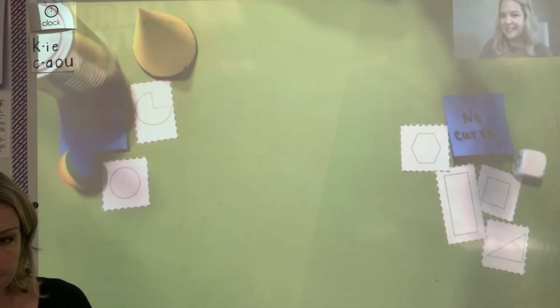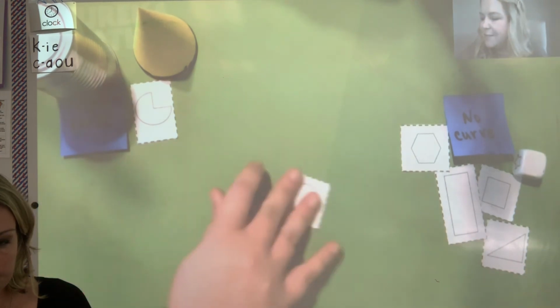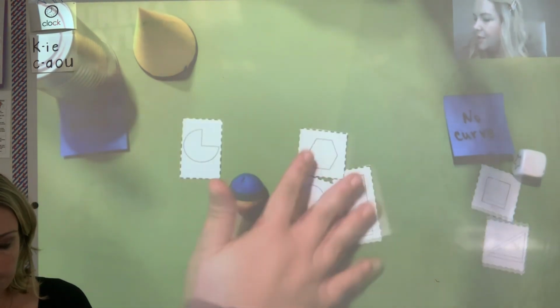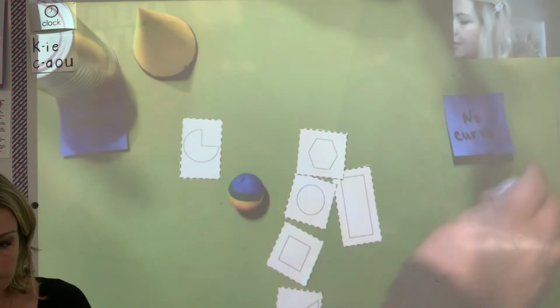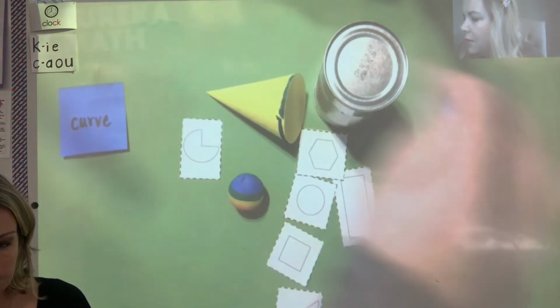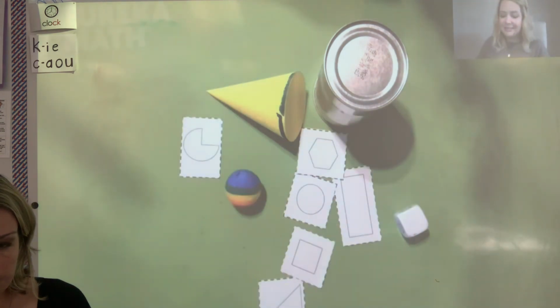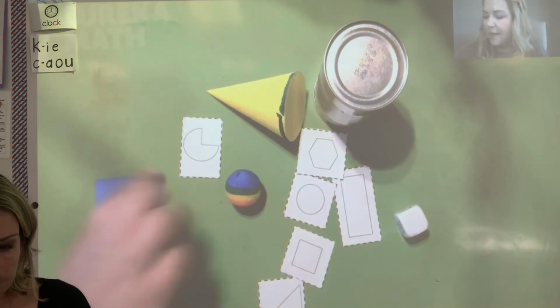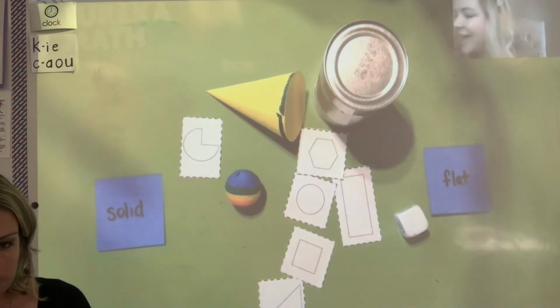Great ideas. Let's go ahead and put all of our shapes back towards the middle. This time, let's sort them by shapes that are solid and shapes that are flat.